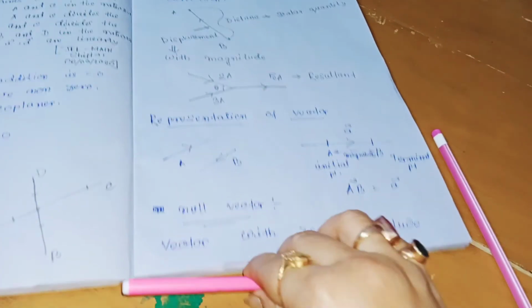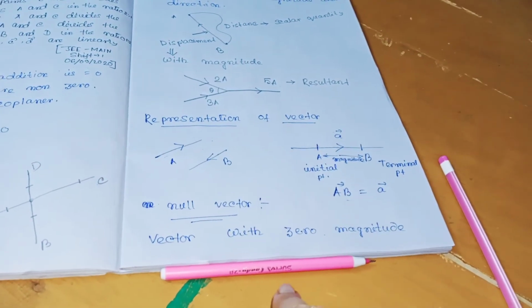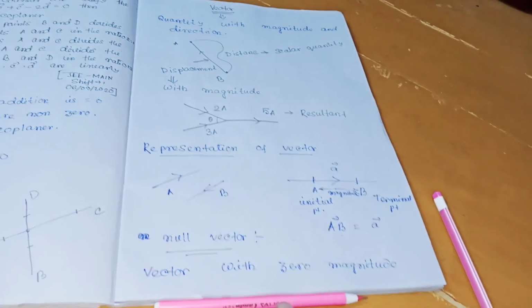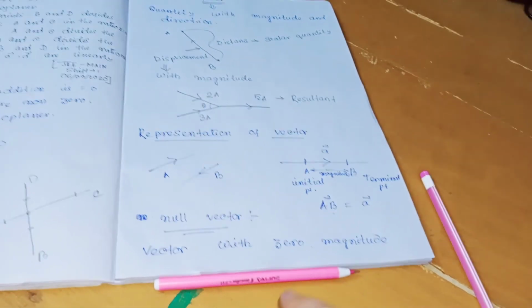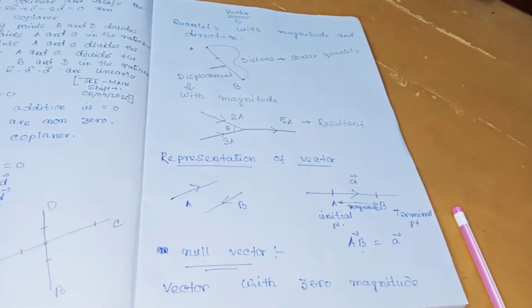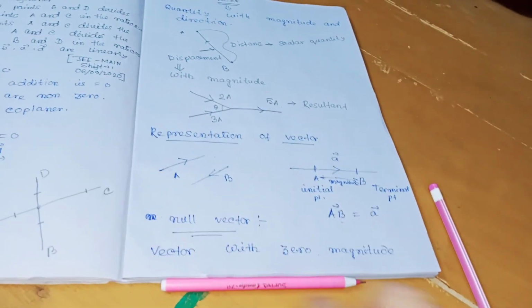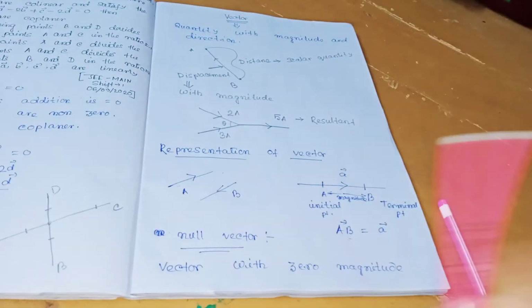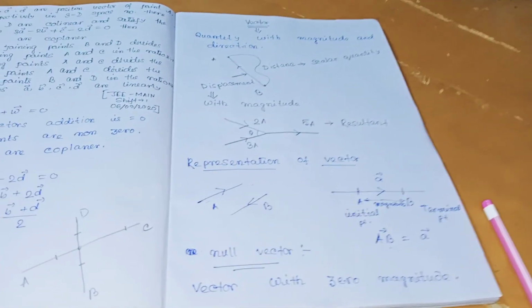If a pen is put on this and we apply no force and no displacement happens here, then it is the null vector. When no force goes through the point, it is called the null vector with zero magnitude.